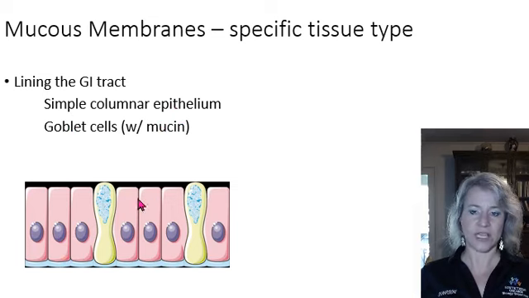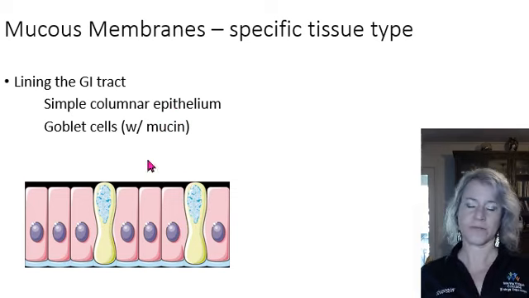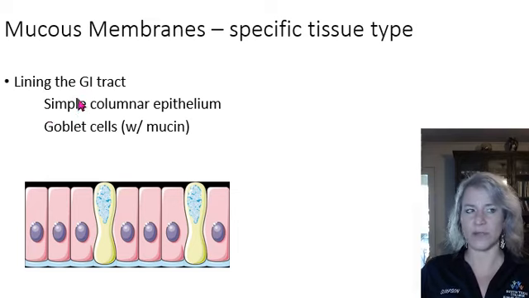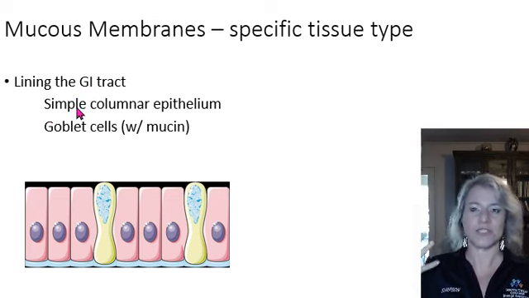The goblet cells are these cells that fill with mucin, and that's secreted to the surface and mixes with water and becomes mucus. And this is going to line the entire GI tract, and that is best for absorption rather than protection. It is also for protection. It is a mucous membrane, so it is protecting you.